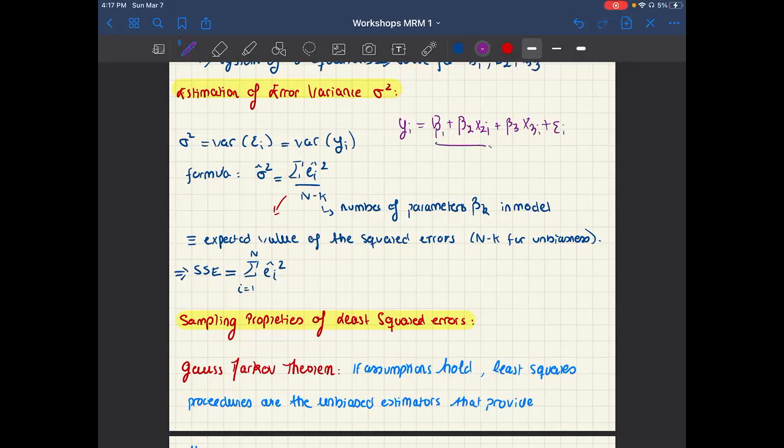Well, we know this is a constant, and the variance of this is equal to sigma squared. So the variance of a constant plus ei is just going to be sigma squared.